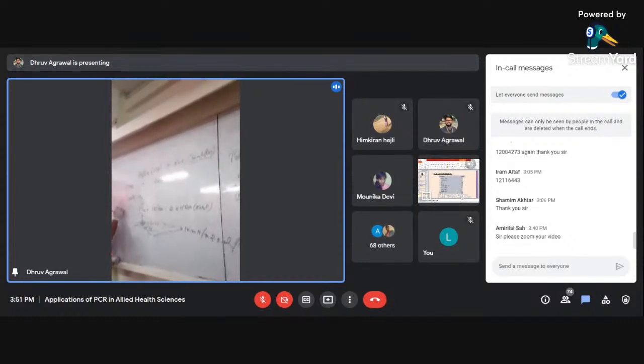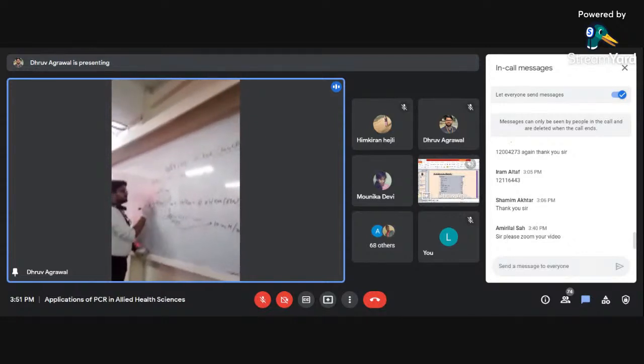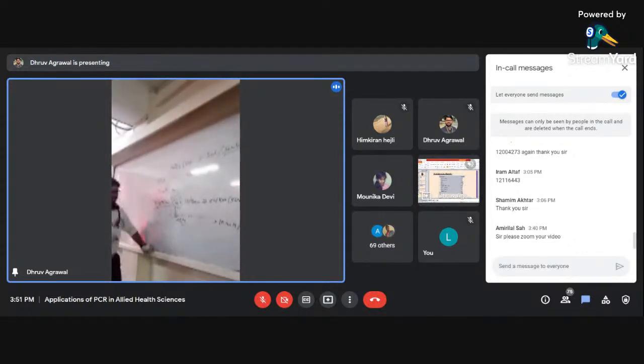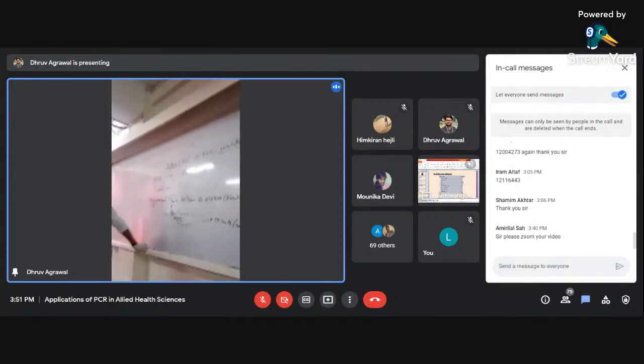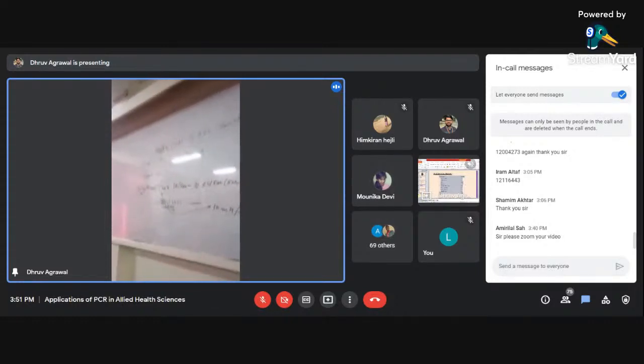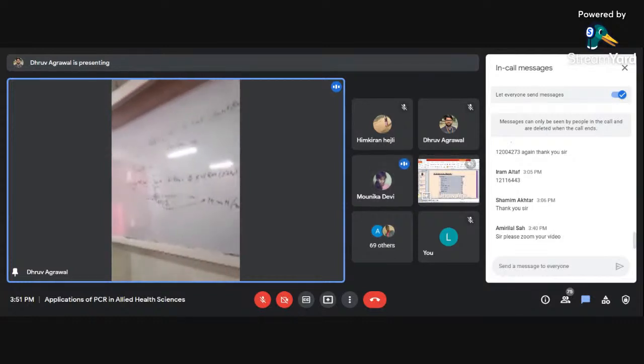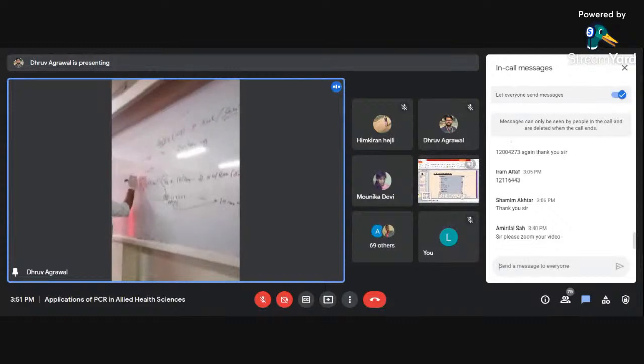MgCl2, how much is there? 2.5 microliter. And what is the concentration of that MgCl2? It is written after MgCl2 in brackets: 50 millimolar.